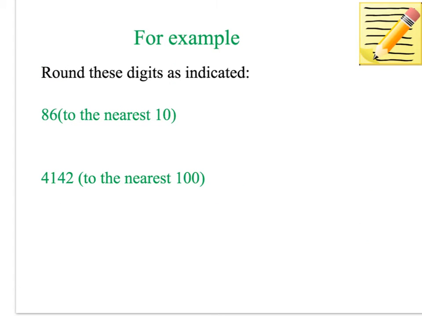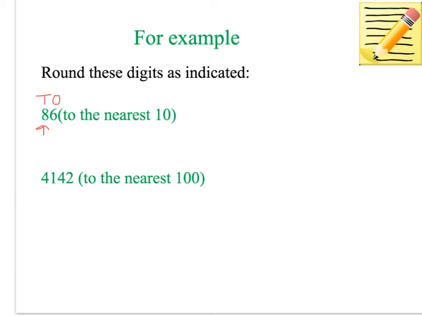Let's do some examples here. Now you might be asked to round these digits to the nearest 10. So this 86, we're rounding it to the nearest 10. So you need to know your place value. So the tens column, that's the tens column, and you've got the ones column. To do that, we look at the next digit, which is the 6.